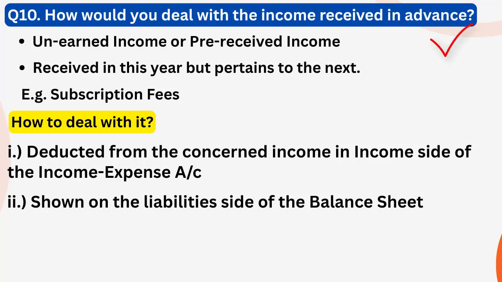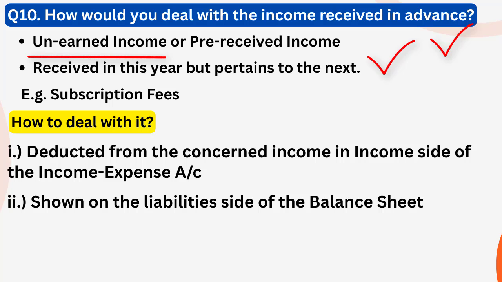So for those of you who don't know this, income received in advance is also called as unearned income or pre-received income. It refers to the income that has been received during the current financial year but pertains to the next financial year and is not actually earned yet. This means you still have to do your work for this money that has already been paid to you.